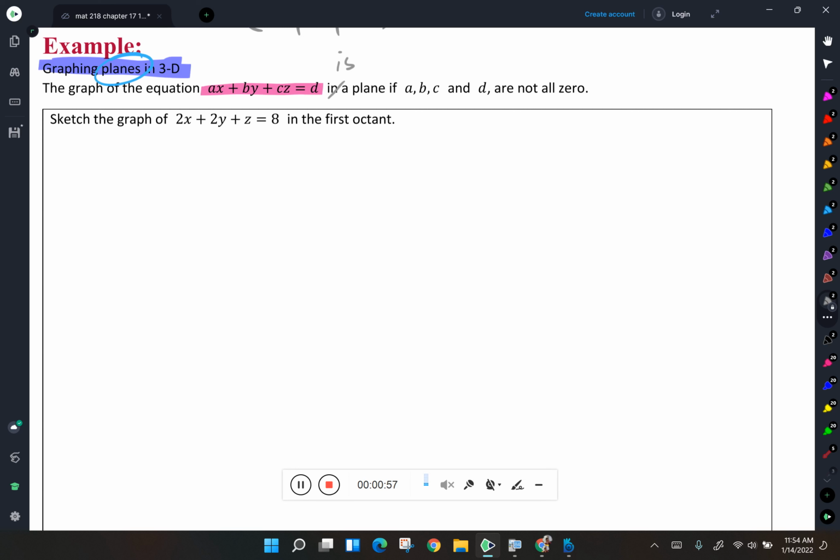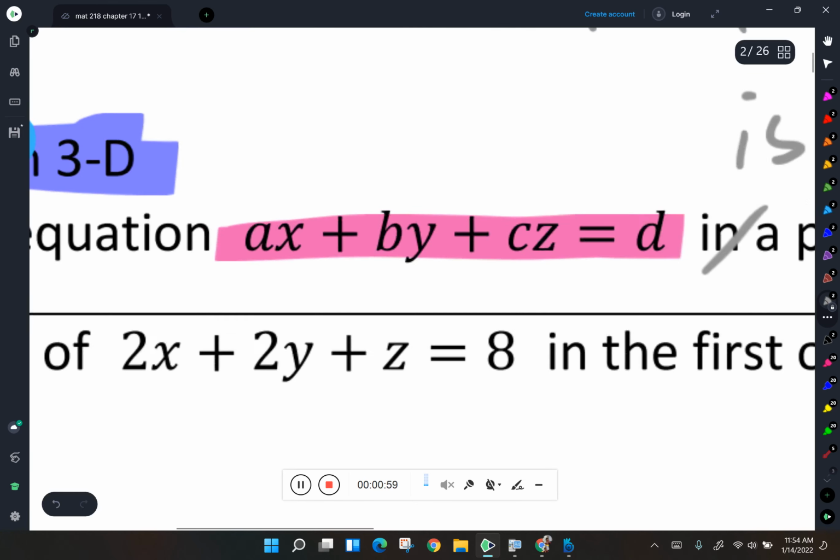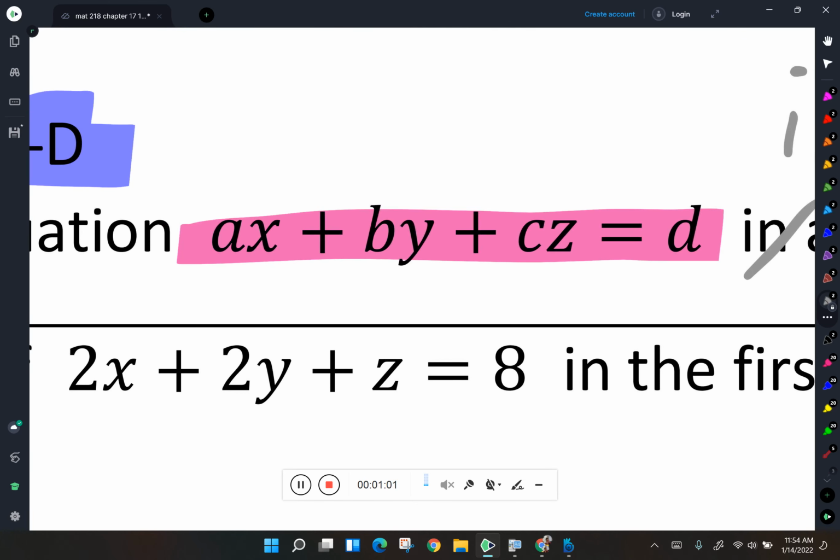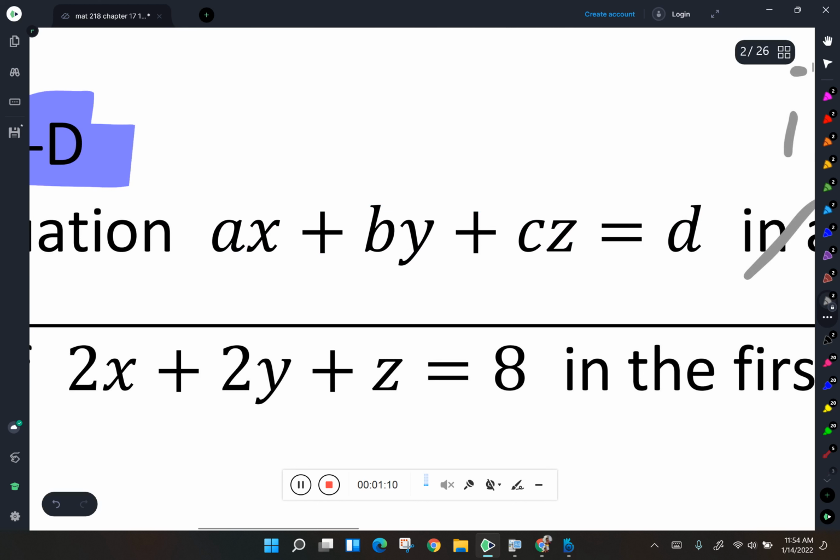All right, so what does that mean? Well, if you take a look at that equation a little deeper, let's zoom in on it. What you'll notice is that the variables in this, the x, the y, the independent variables, and the z, the dependent variable, are all linear. That means that there are no exponents on any of them.